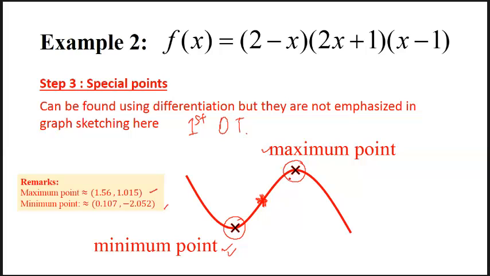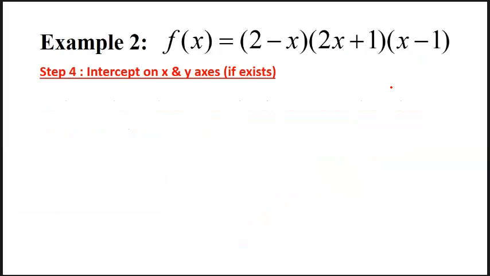And next, what we want to do is go on with the calculations of the x and y intercepts. By right, if you're able to identify that you can factorize into 3 linear factors, automatically we know that there should exist x-intercepts, and of course the y-intercept should exist as well for this type of function.